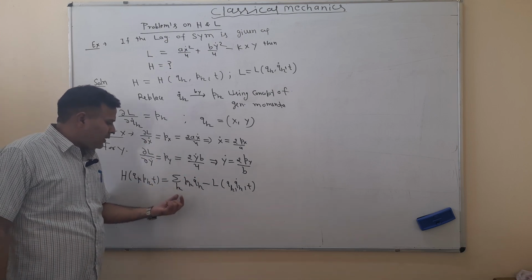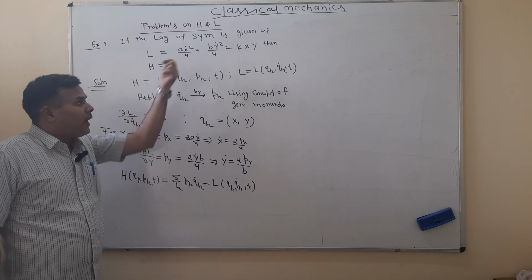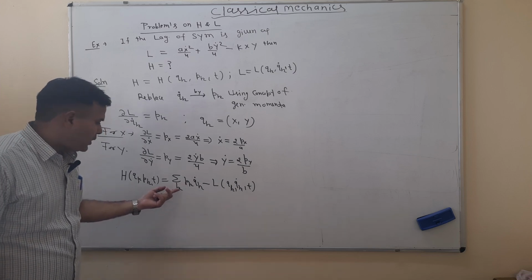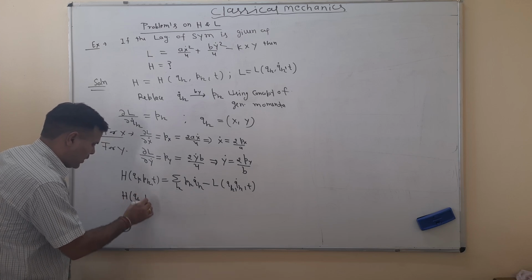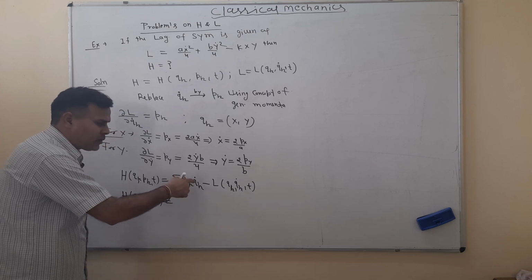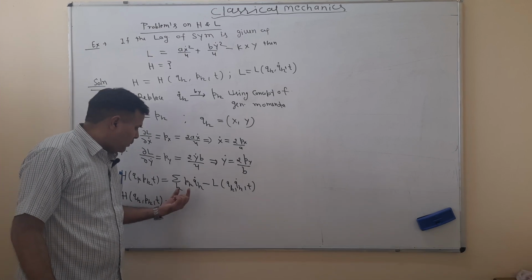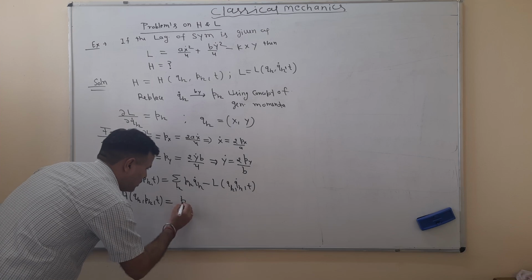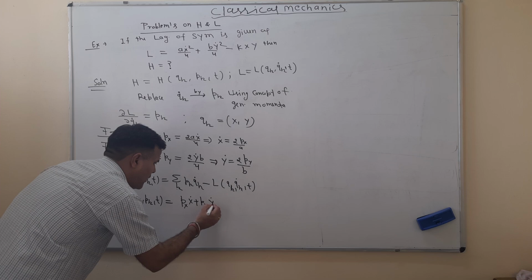In this case, we will find the expression of H for a given L. This k is a running index. In this case, our k is x and y, so we have two variables. We can write H of qk, pk and t as summation of pk qk dot, which when we open the summation is px x dot plus py y dot.